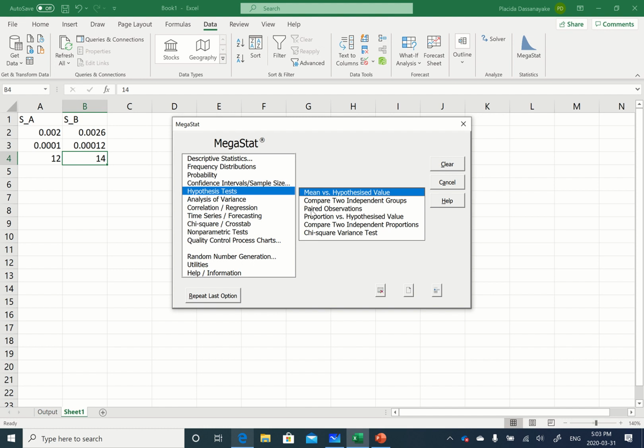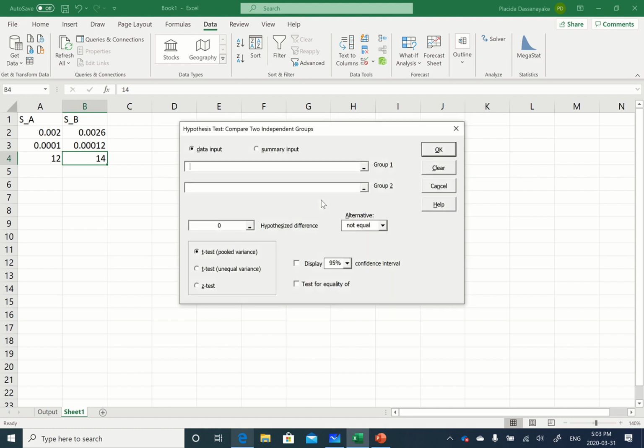They are two independent processes. So we have to compare two independent groups. And then I have the summary input. So I'm going to go with the summary input and then click on group 1. Go back to your groups, select first process summary, including the label. And then click on group 2, select the second summary. Don't change this one. Hypothesized difference is usually 0.